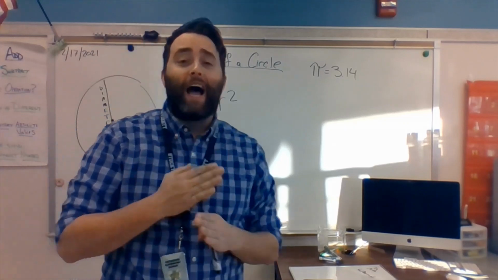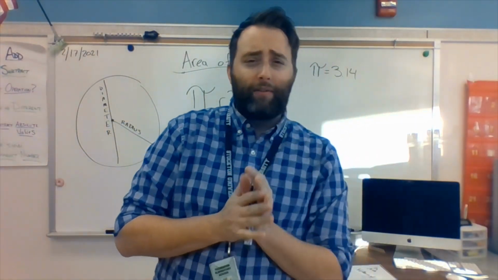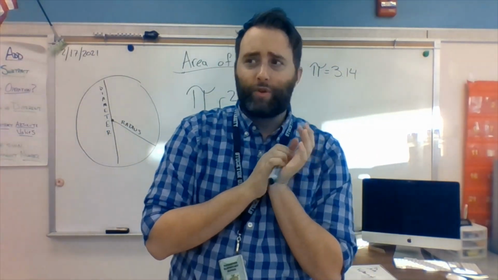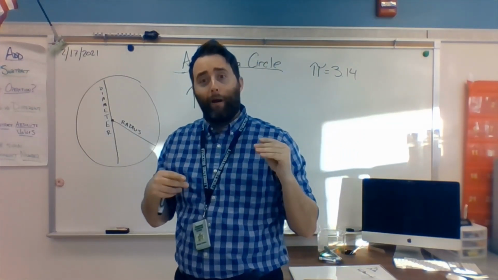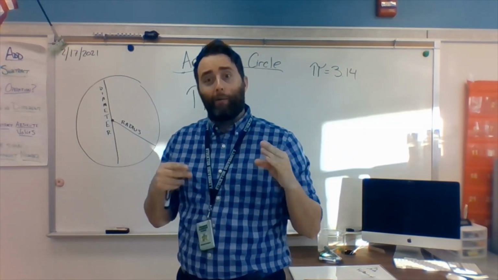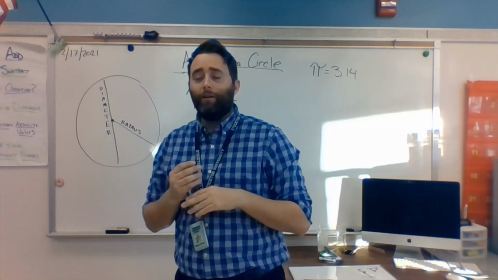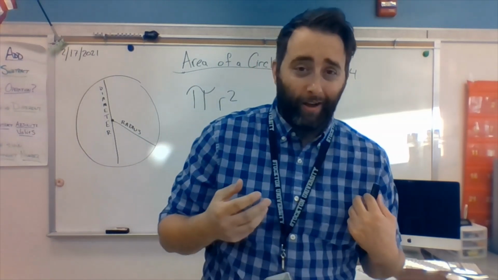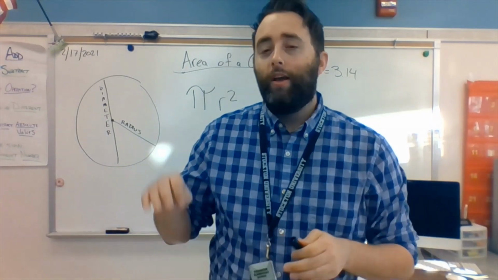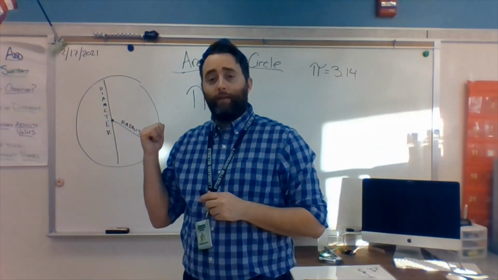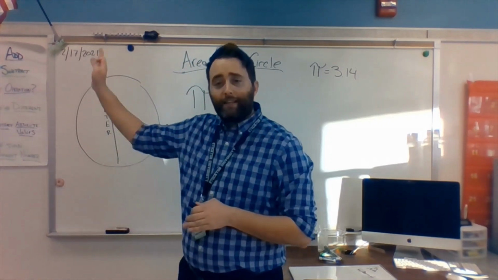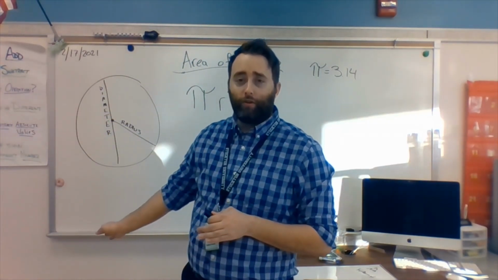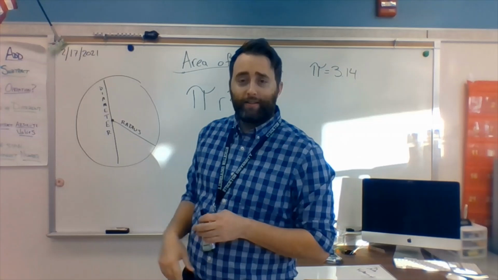I'm hoping to get vocab videos out probably tomorrow. Two vocab words for area of a circle. You have diameter. Diameter is the total distance across the circle. And yes, I know it's a terribly drawn center line.